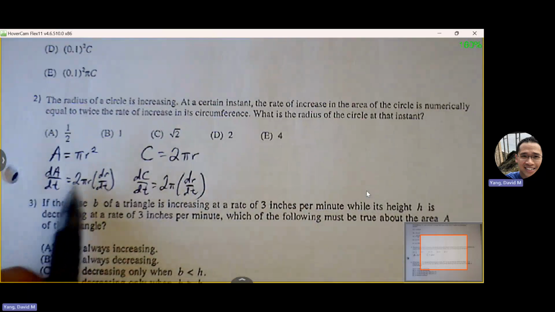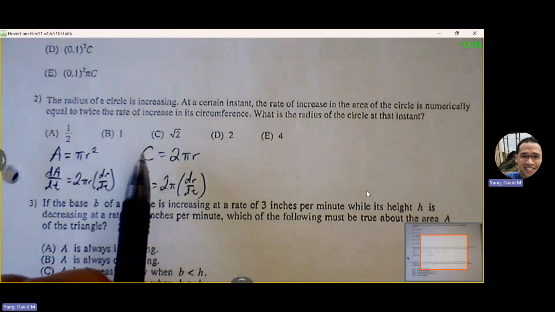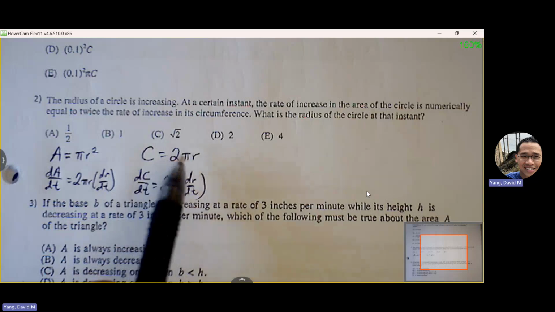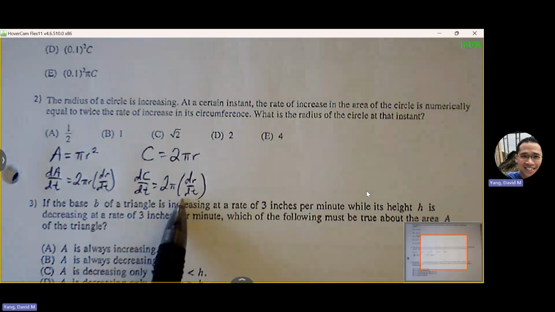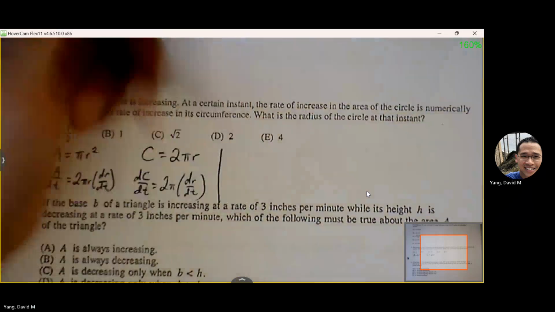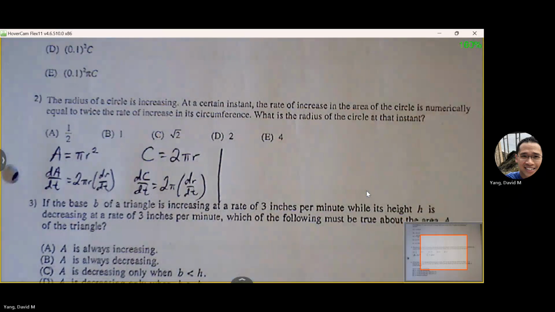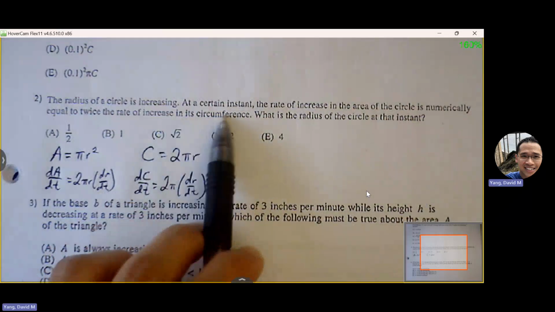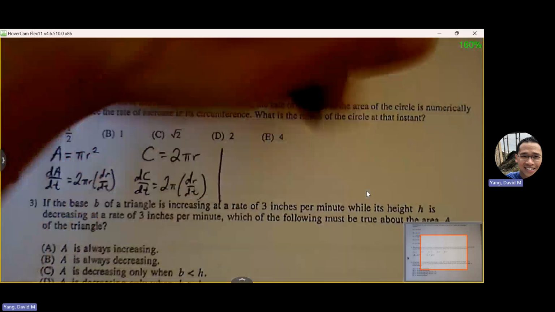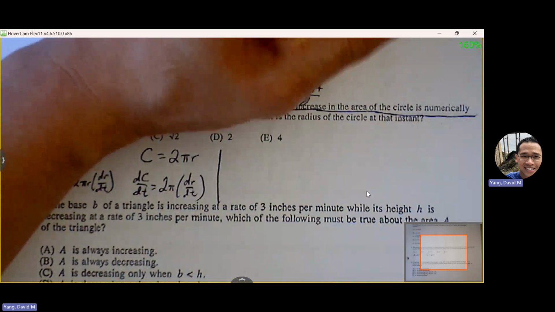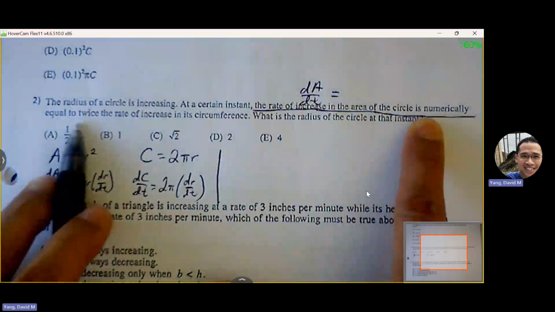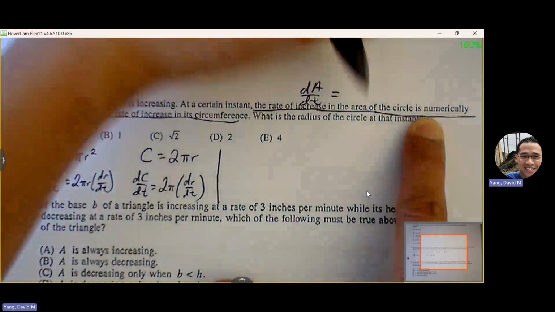So again, we know dA/dt is 2 pi r dr/dt. Circumference dC/dt is equal to 2 pi. Now r goes to 1, but we are asking for r's derivative, so we need to attach a dr/dt. Okay, so they're asking, at what instant is the rate of increase in the area of the circle, we know that's dA/dt, numerically equal to twice the increase in the circumference.